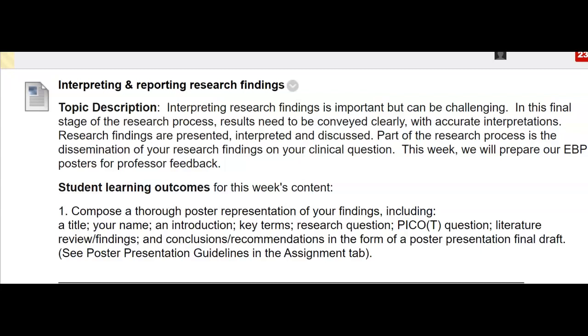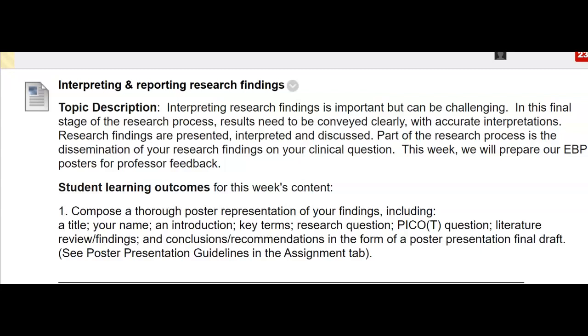If you're doing actual research, most of the time it's publication, but in evidence-based practice, what you're doing is a presentation. So typically a poster presentation. So this is getting your findings on your clinical question out to others.